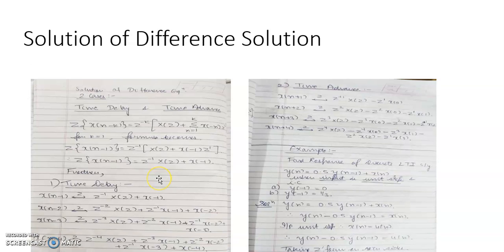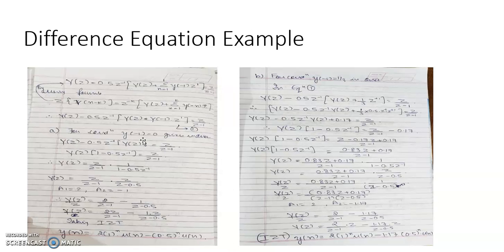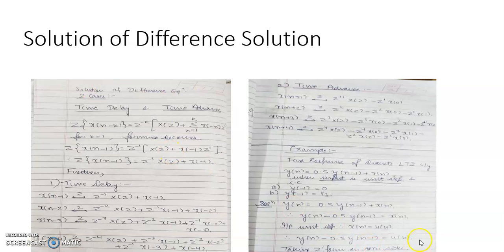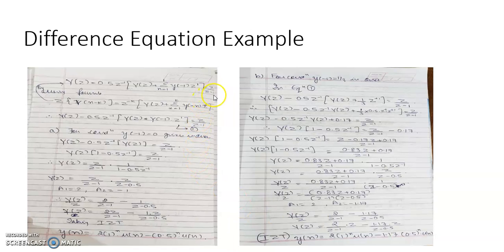This is the same formula we have used before. It's just that x is replaced by y. The formula remains the same irrespective of whether we use it for the input or for y of n, that is the output. The right side is u of n, and the z transform of u of n is z upon z minus 1.